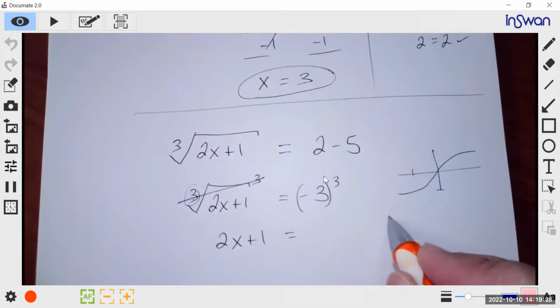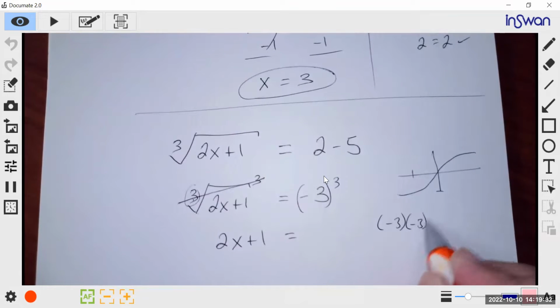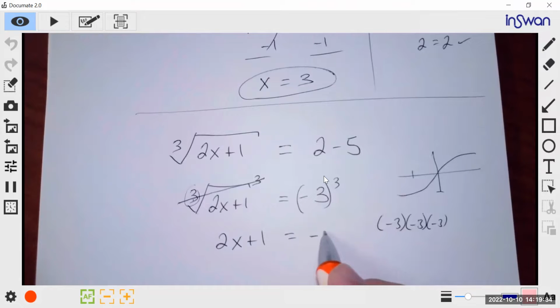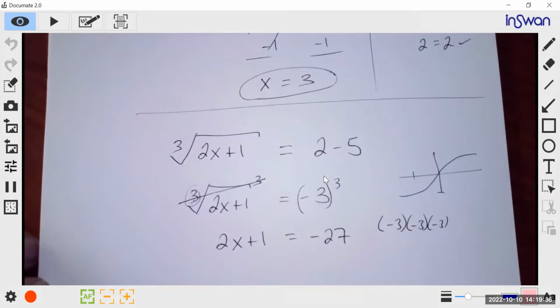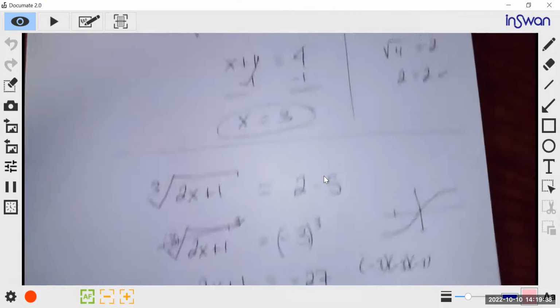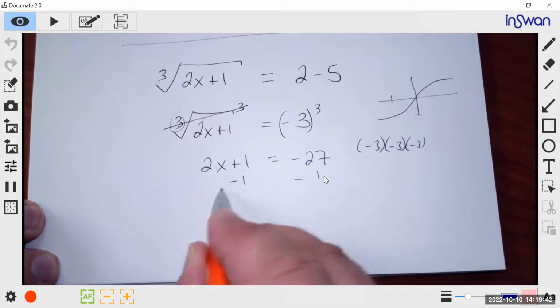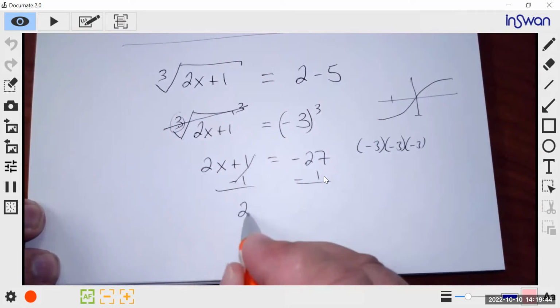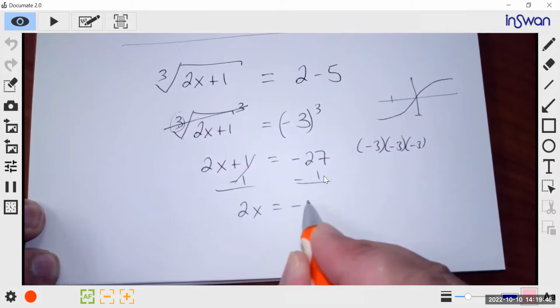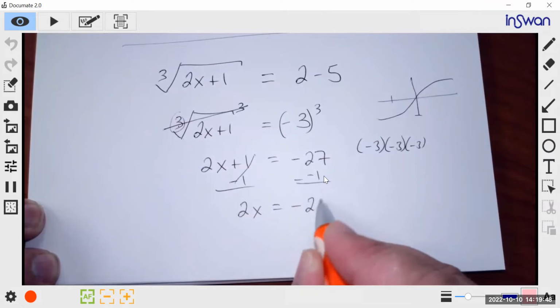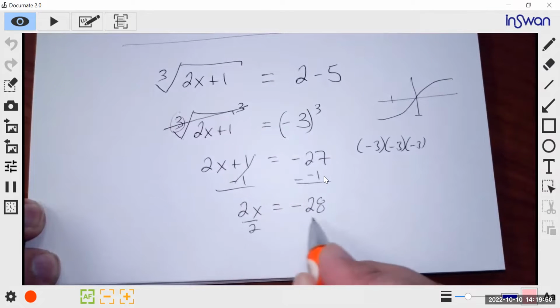Negative 3 times negative 3 times negative 3 is negative 27. Subtract 1. 2x equals negative 28. Divide by 2.